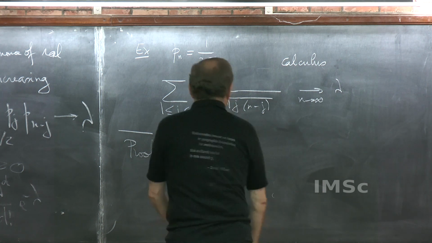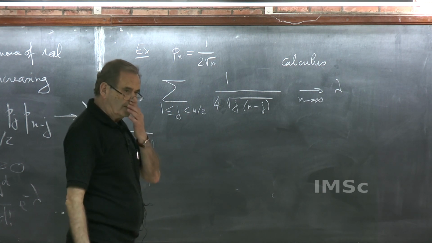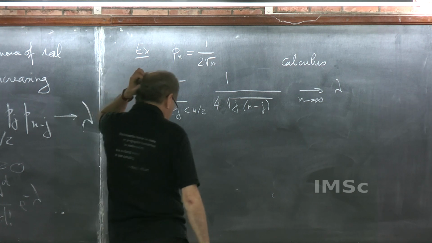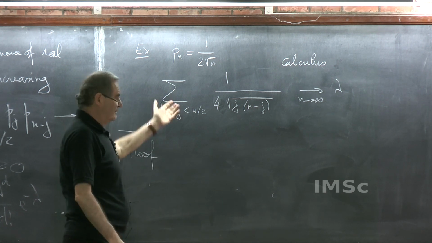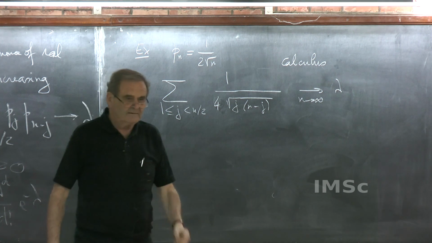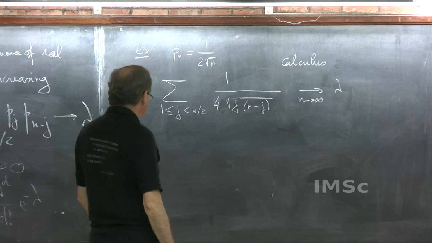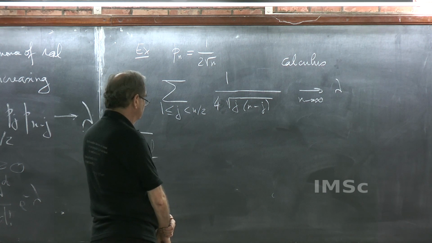It tends to a limit, because each term is bigger than 1 over n. Yes, this is why it is a mess. But just replace it by the integral.